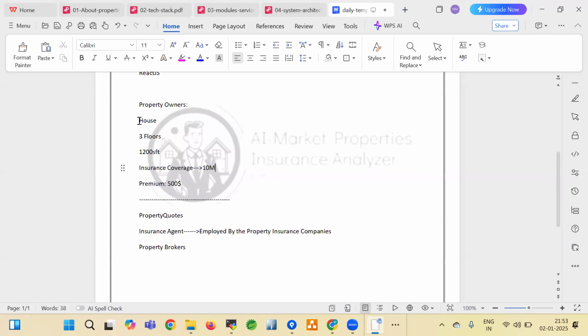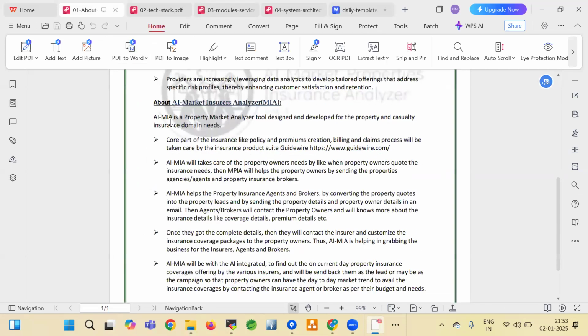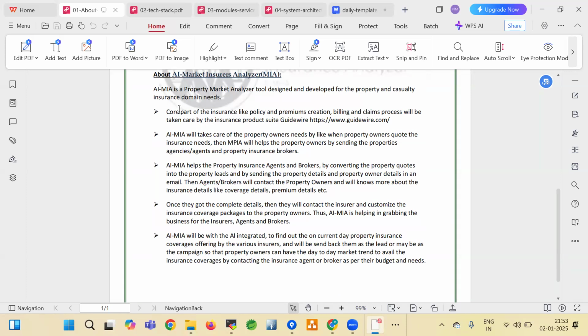So the market properties insurance analyzer, the MIA, is a property market analyzer tool designed and developed for the property and casualty insurance domain's needs, right? The core part of issuing insurance policy premiums is not our job. We are not doing that. That will be taken care of by applications or products which are already in the market and being used by many insurance companies.